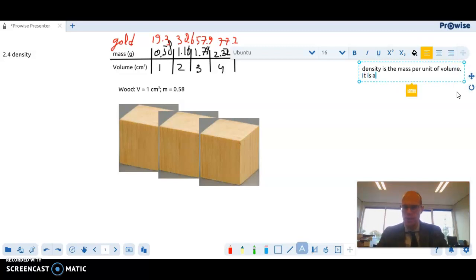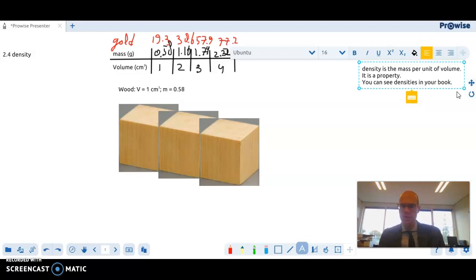It is a property. You can see densities in your book in a table in paragraph 4.